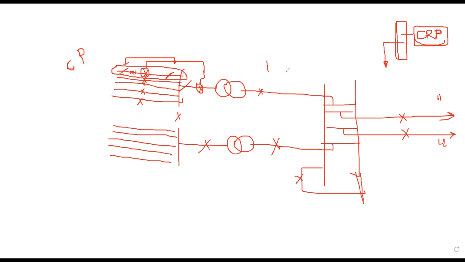Suppose I have a control room here, and I accommodate all these panels in this one room. What is the condition to look at here? If I am accommodating all the panels in one room, all the status cables should be routed or laid to this room.